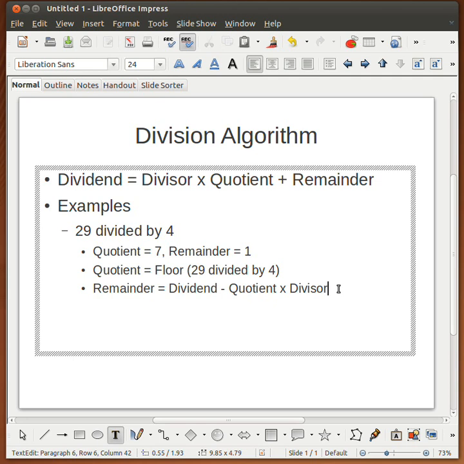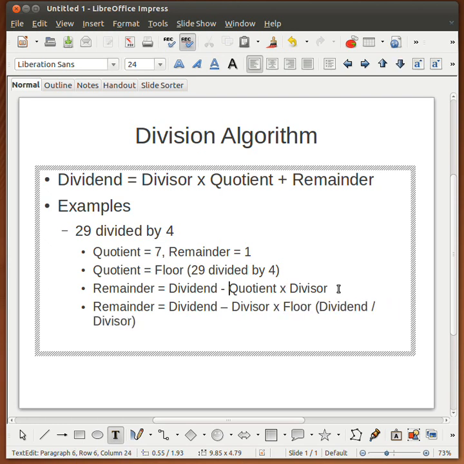But I would rewrite this further. I would rewrite this as remainder equals dividend minus floor of dividend over divisor, multiplied with divisor.